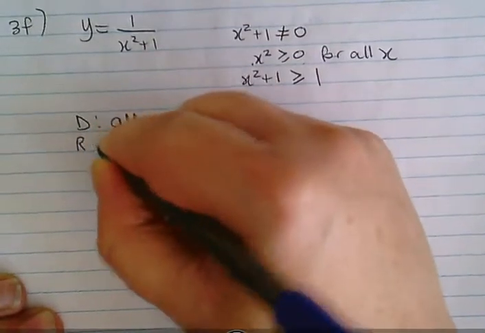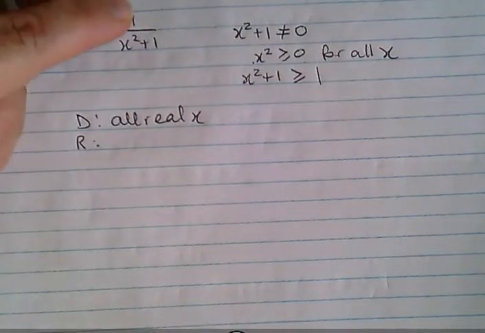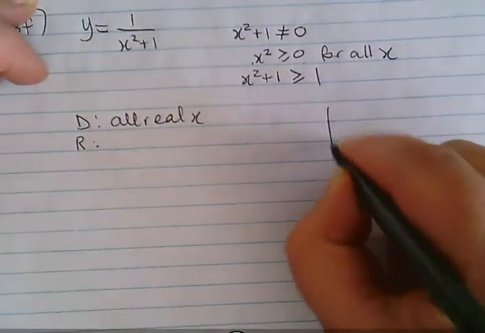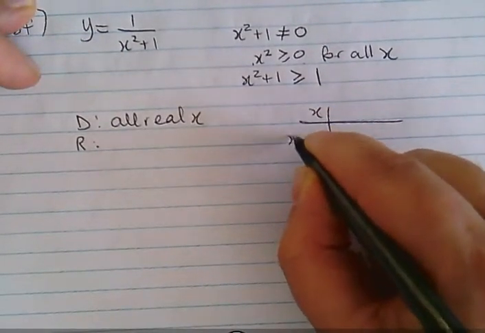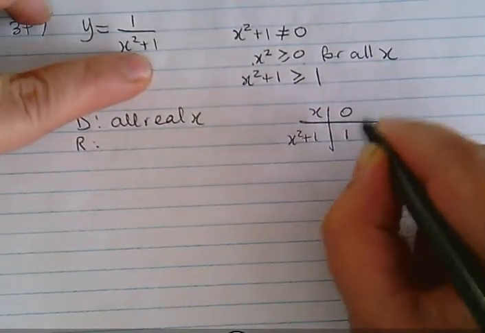What about the range? Do you think you're ever going to have 0? Do you think you're ever going to have anything bigger than 1? All right, if x is 0, you're going to get 1. Look, we'll just watch. If x is 0, you're going to get 1, aren't you? 1 over 1 is 1.